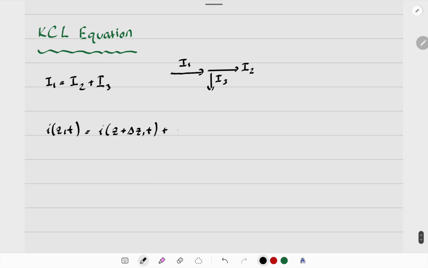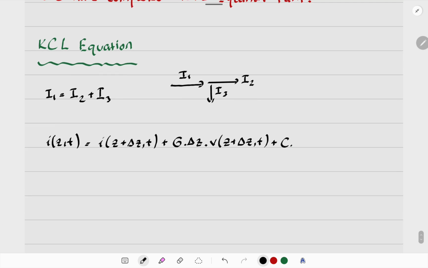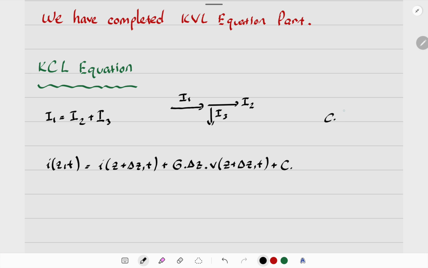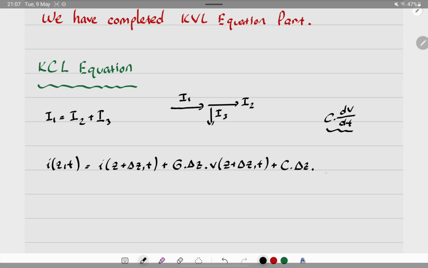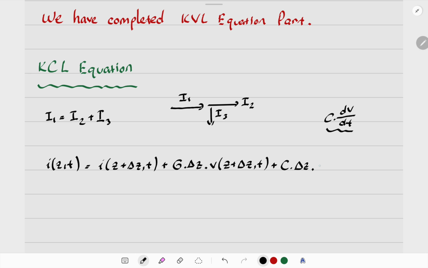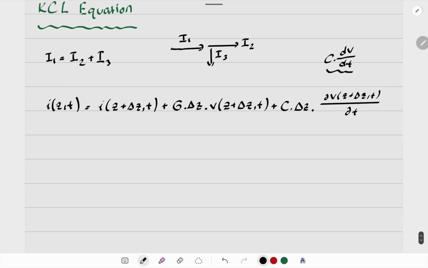If we do this, we see G times delta z times V(z plus delta z, t), plus C times delta z times dV(z plus delta z, t) over dt. Let's remind this from circuit theory.